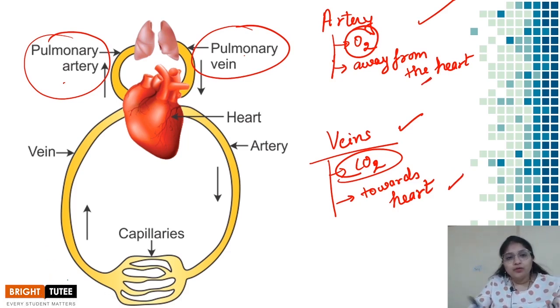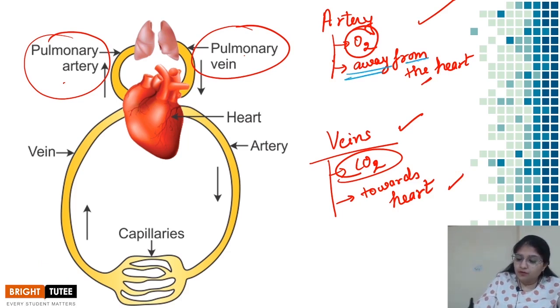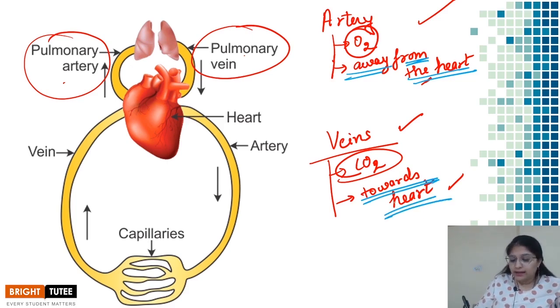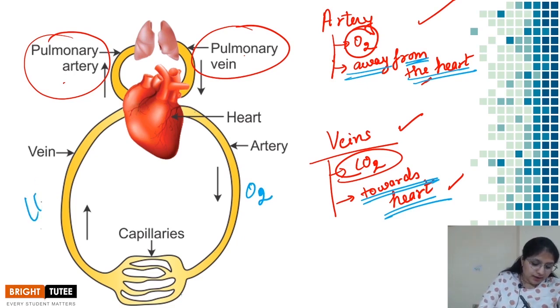Let me explain with the help of this diagram. But before I do so, always remember this rule remains constant, that in an artery the blood will flow away from the heart, and in the vein the blood will flow towards the heart. Now, what is happening over here is that the normal artery is taking oxygen to the different parts of the body, and the vein is taking carbon dioxide from the different parts of the body to the heart.